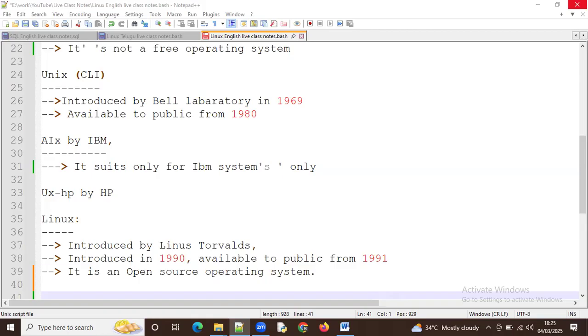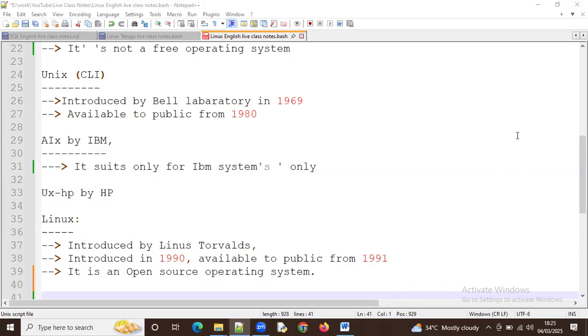And IBM also developed one more operating system, that is AIX. AIX was developed by IBM, but the drawback of the AIX operating system is that if you want to use it, then we need to purchase an IBM computer or IBM laptop or IBM system only.